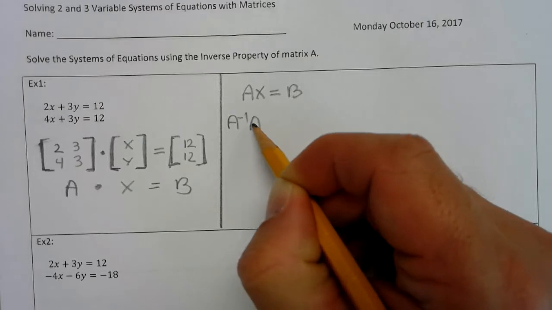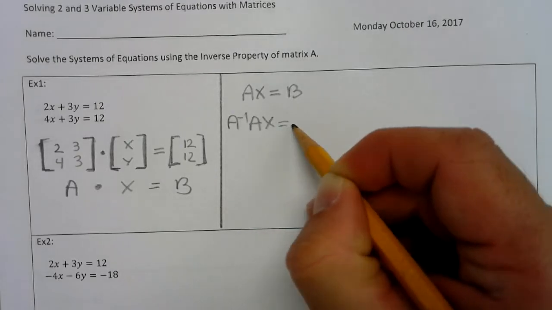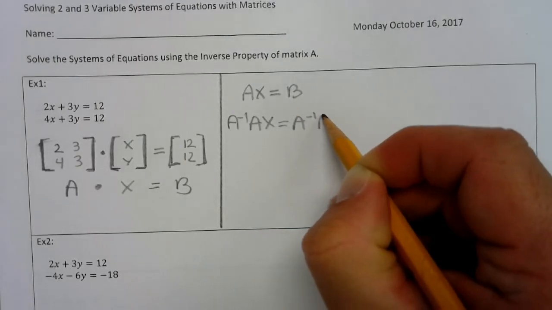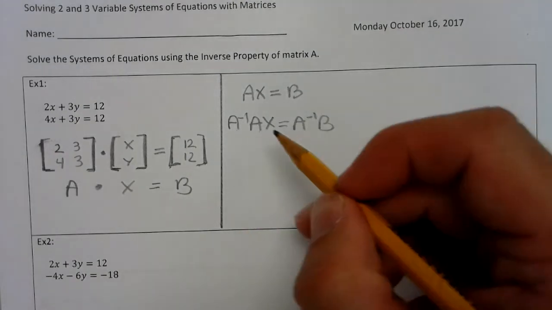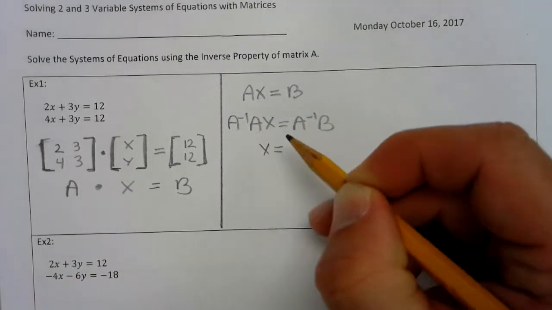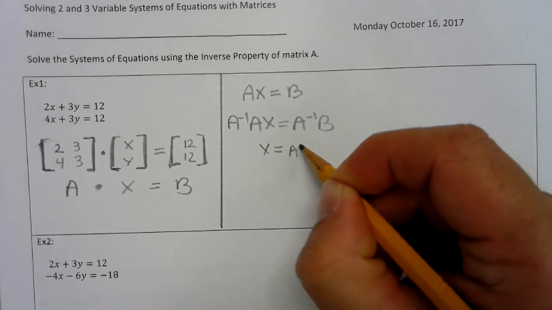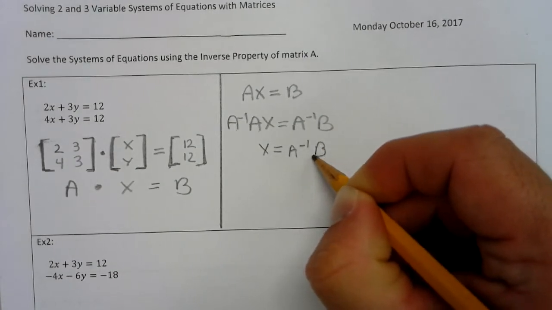So A inverse A X equals A inverse B. A inverse A is just 1, so X equals A inverse B.